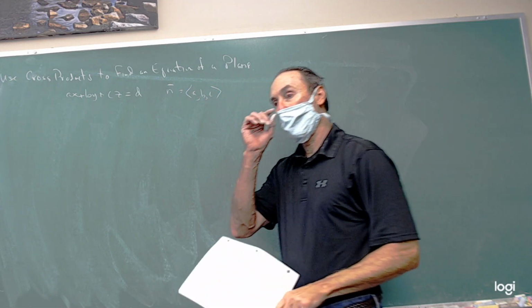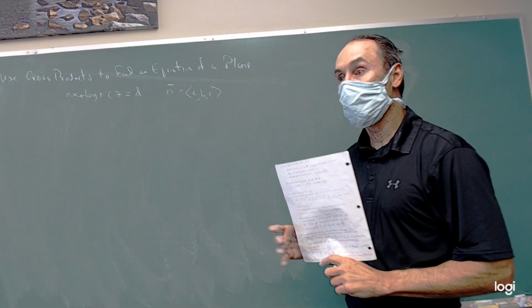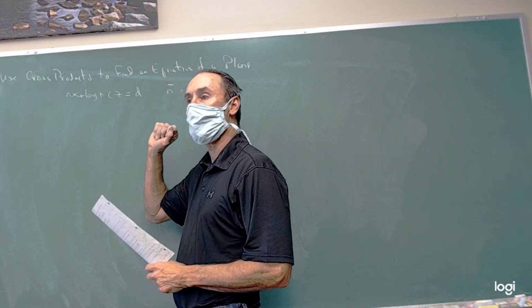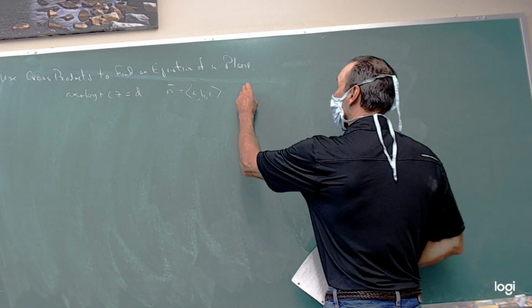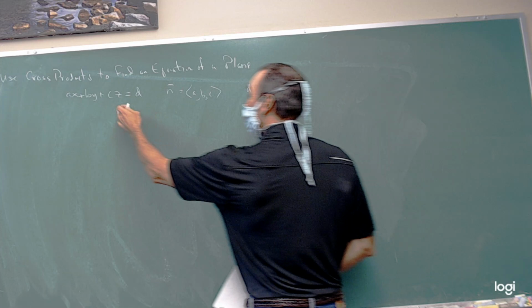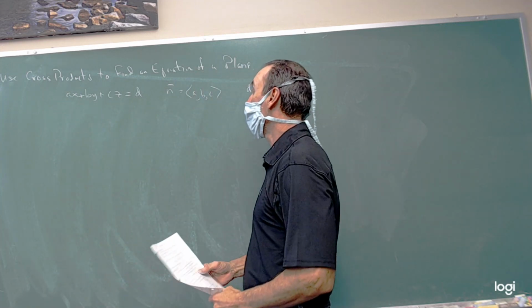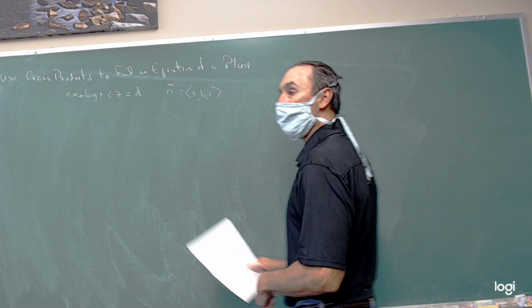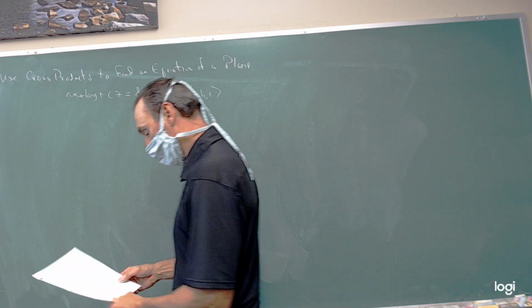So we need a vector that's perpendicular to the plane so we can steal it to use as the coefficients for our plane. And we know this d is going to be equal to all that stuff there, where our x, y, z is going to be a point.